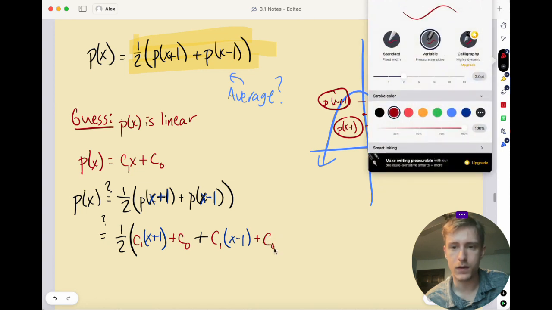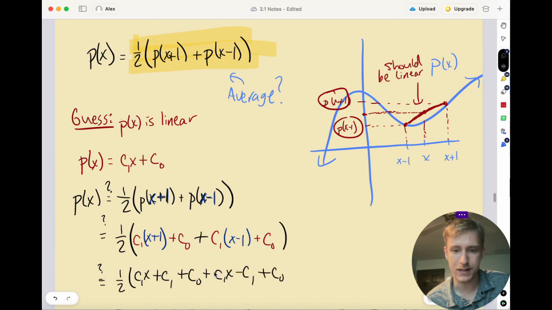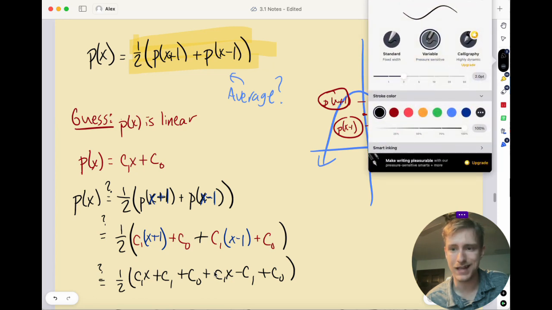Okay, so let's see if all of that checks out. And that is going to equal 1/2 of c1x plus c1 plus c0 plus c1x minus c1 plus c0, and then the c1s cancel.